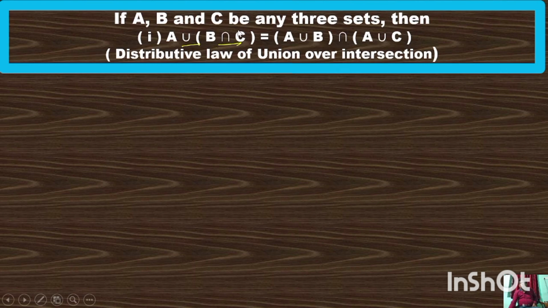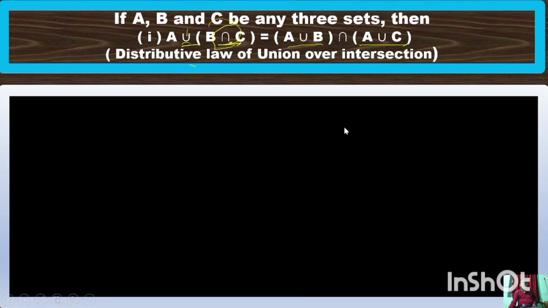Understand? Before the bracket you see there is the union set here, and inside the bracket is the intersection. This is called the distributive law of union over intersection, which is equal to (A union B) intersection (A union C), right? Here the union set undergoes distribution. Understand or not? Yes. Let's see it.